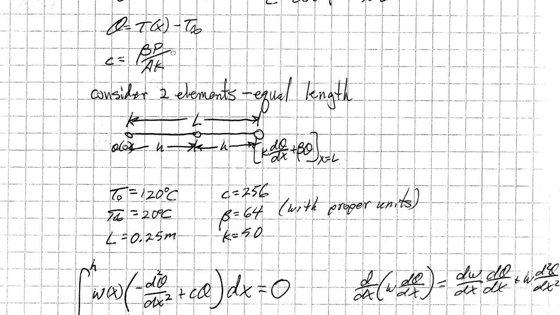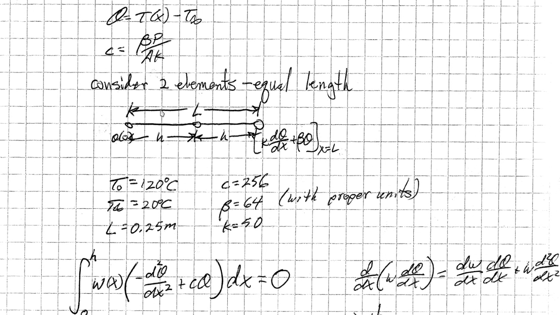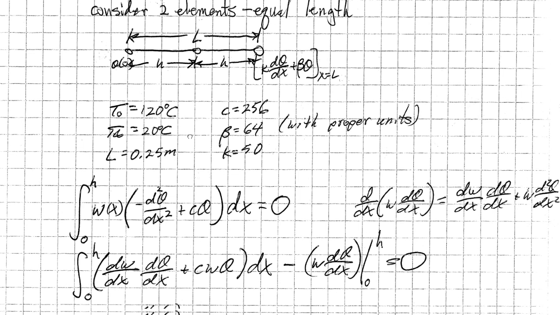So in this lecture I'm going to set this up for one element, and then in the following lecture we're going to show how we can take two different elements and put them together into a larger finite element system. Okay. We know temperature on this end, we know flux condition on this end. Let's put in some numbers.